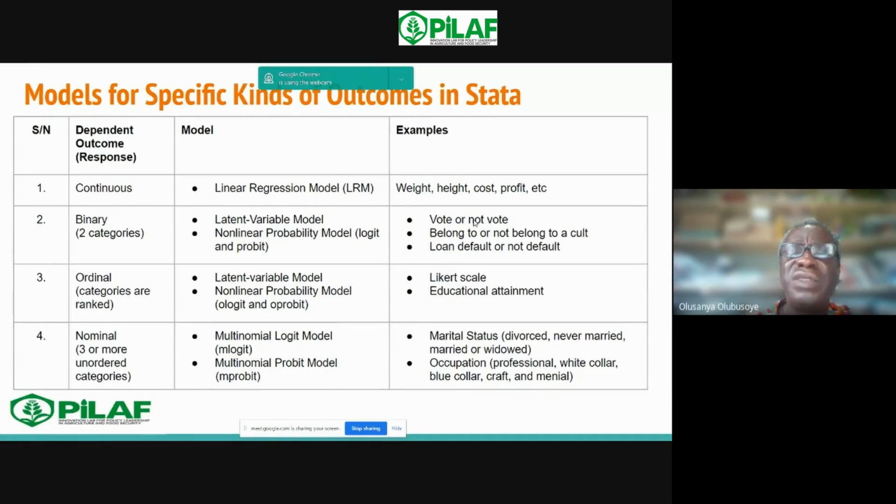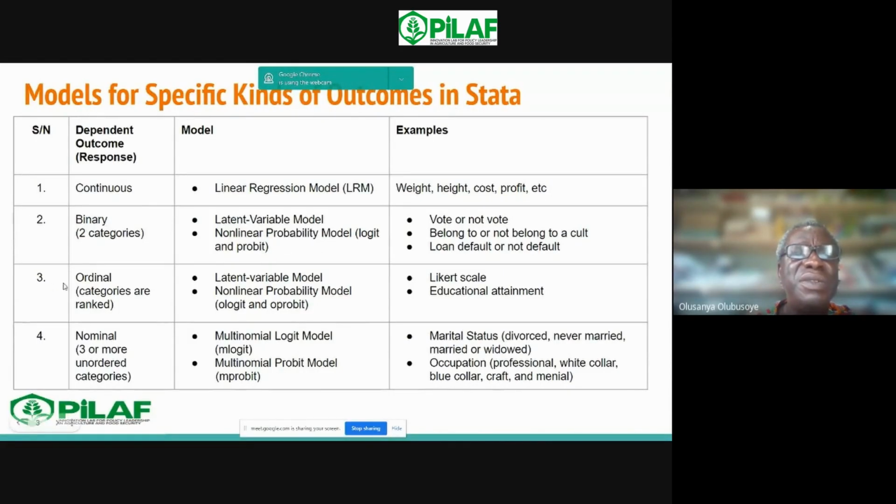So there are two categories: vote, not vote; belonging to the court, or not belonging to the court; loan default or not default. We can think of other examples like that. This is the kind of dependent outcome we will discuss today. When we have this, two possible models are provided in STATA: the latent variable model, the nonlinear probability model comprising the logit and the probit.